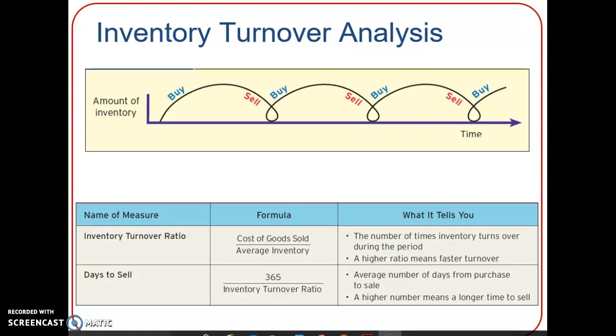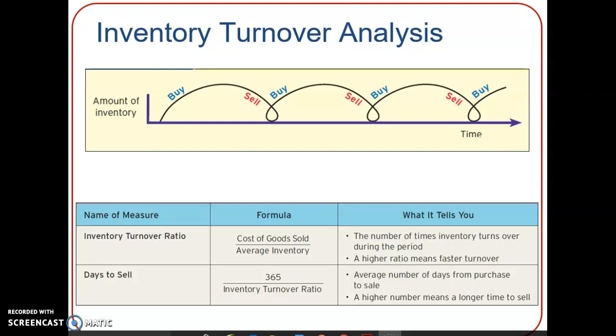As before, we calculate average inventory by using the beginning inventory plus the ending inventory and divide by 2. That's how we get the average inventory. So cost of goods sold divided by average inventory gets the inventory turnover ratio. So you can understand the inventory turnover ratio as how many times inventory will turn over during the year.